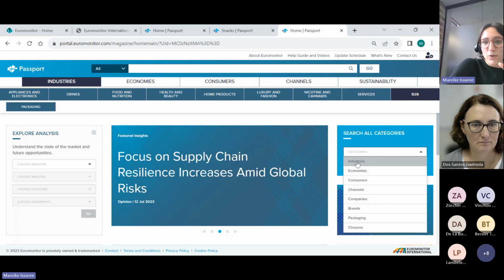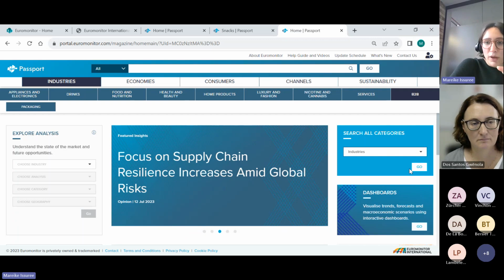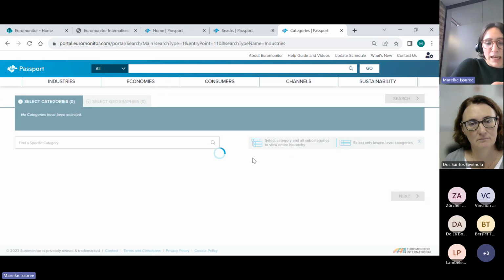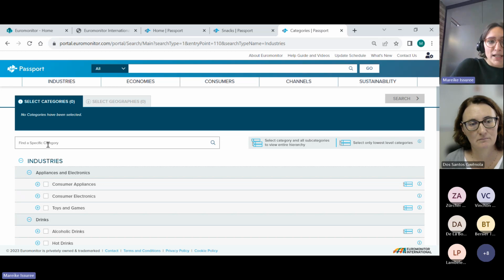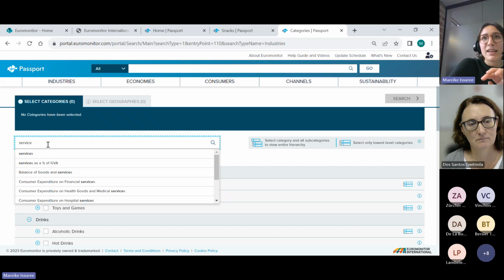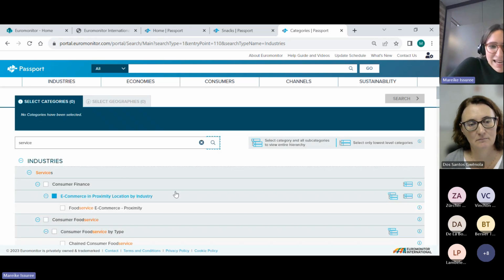But in any case, if you are not sure whether we cover something, go into the tree, which is also accessible from any other page, and type in, for example, service, any term or any synonym, and double check: is there anything in here?